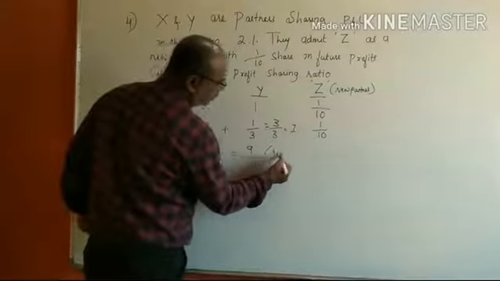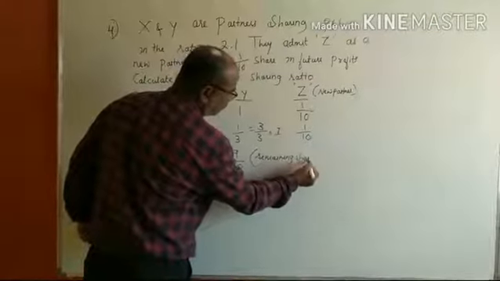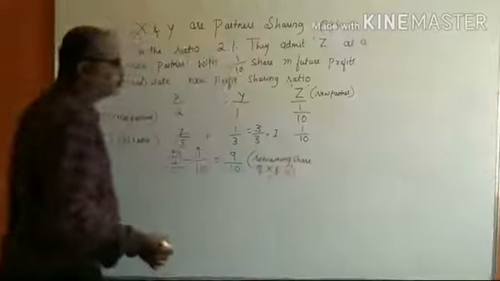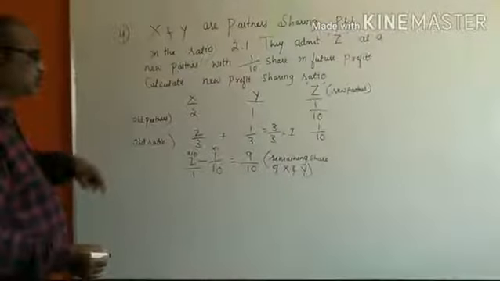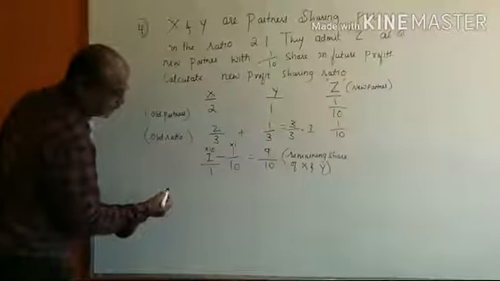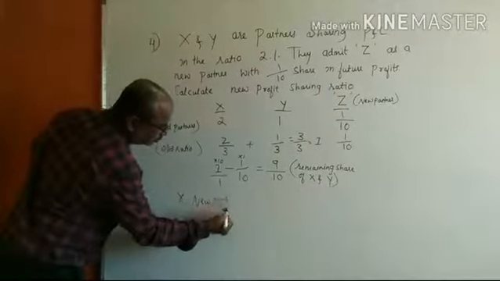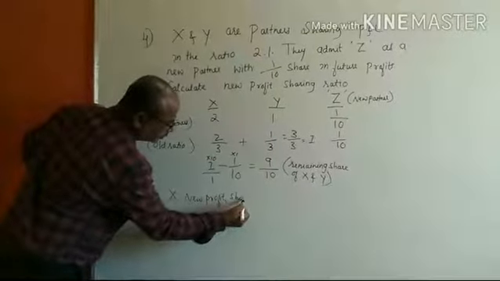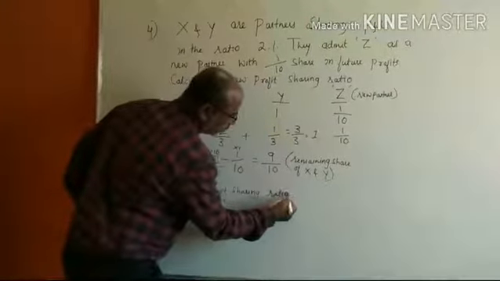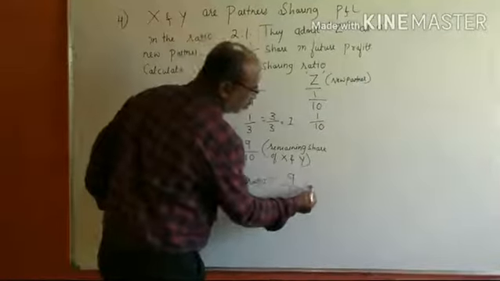This is the remaining share of X and Y. Now we are supposed to distribute this remaining share among X and Y, which will be the new profit sharing ratio of X and Y. So X's new profit sharing ratio equals remaining share 9/10 into his old share.